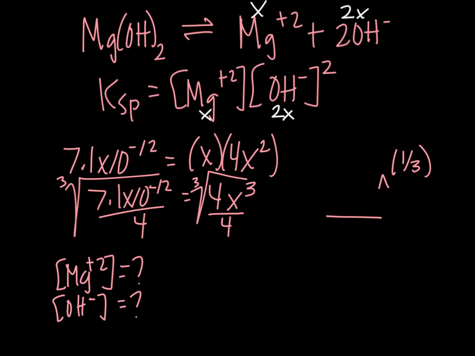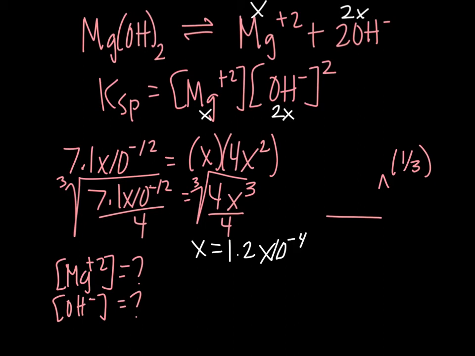Or if you wanted to fourth root something, then it'd be 1/4. Or if you wanted to fifth root something, it'd be 1/5. All right? Okay, so put this into your calculator. And in the end, when you solve for x, the x should equal 1.2 times 10 to the negative 4.